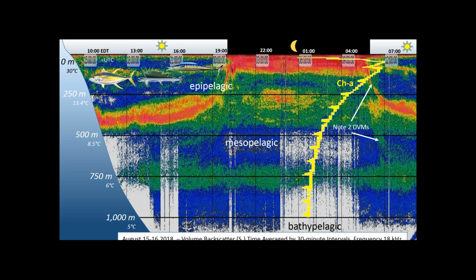So, for example, you've got yellowfin tuna, lancetfish and wahoo that are surface feeders in the epipelagic during the daytime. And during the daytime, you've got these mesopelagic predators like swordfish and escolar that are down deep. At nighttime, the escolar, swordfish, et cetera, come to the surface, and this is why fishing for swordfish is basically a nighttime activity.